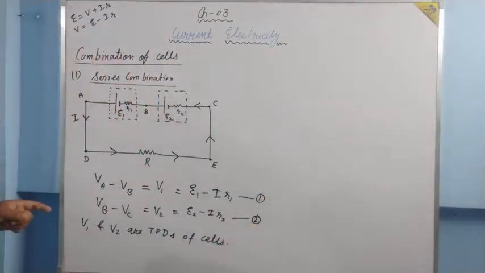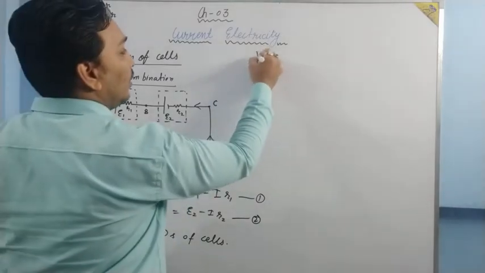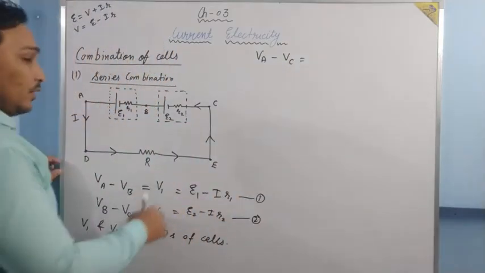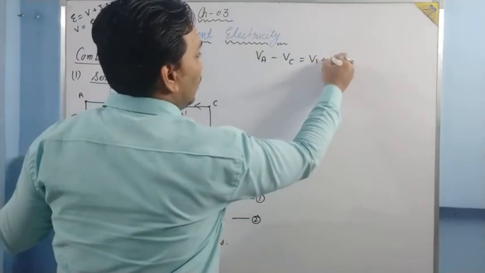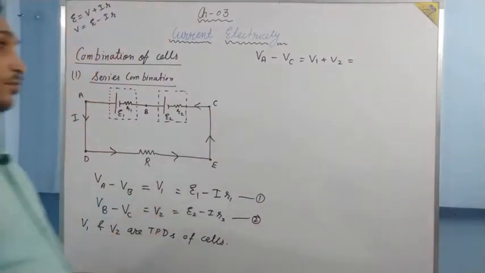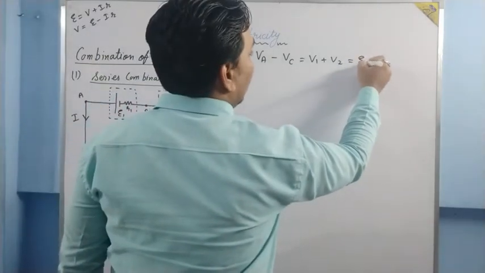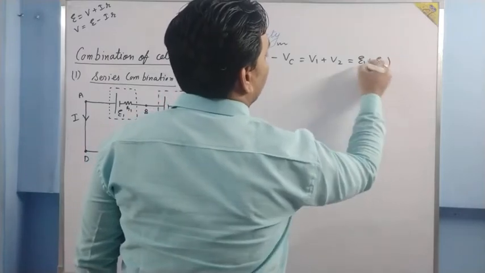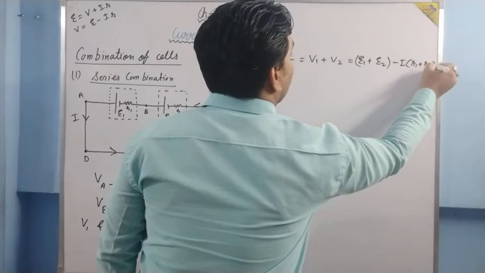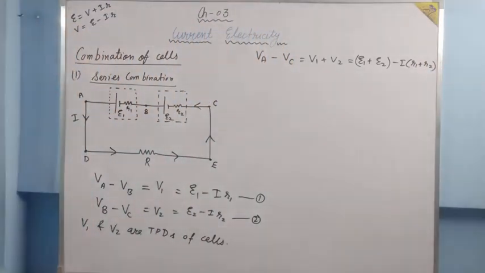So here what we are going to have, VB and VB will be cancelled out and we are going to have VA minus VC, which is equal to V1 plus V2, which is equal to E1 plus E2 minus I, if you take common, it will become R1 plus R2.